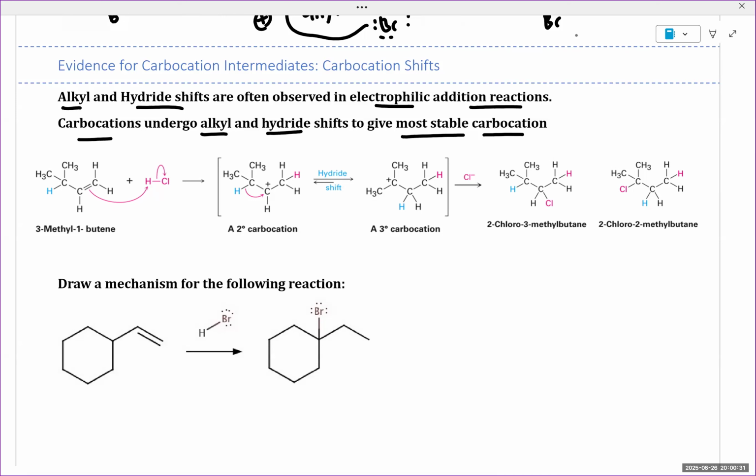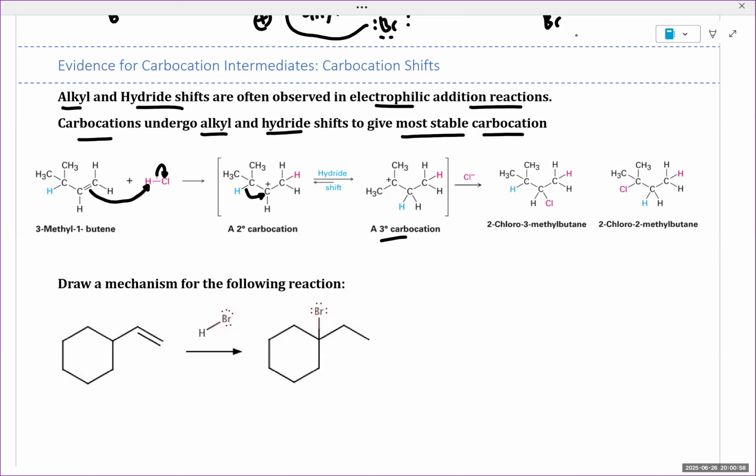For example, if you take 3-methyl-1-butene, protonation of the alkene generates a secondary carbocation. Unfortunately, you start to see some hydride shifts, and a hydride shift occurs to make a more stable tertiary carbocation. Thus, you see a mixture between the secondary and tertiary chloride product.